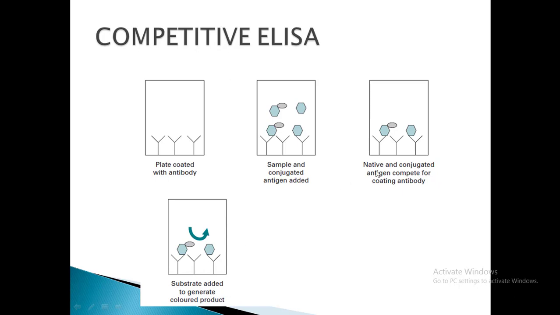So logically, if the concentration of antigen present in the serum sample is more, more unlabeled antigen will be bound. So a lesser amount of labeled antigen will be available. What will happen to the intensity of color? The intensity of color will be less. So the more antigen in the patient serum, the less intensity of color generated.